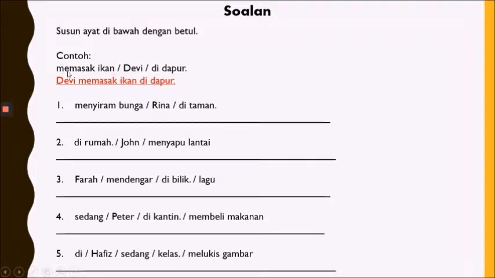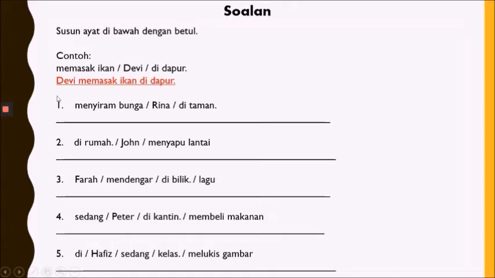Memasak ikan, which also means cook fish. So we know that Devi memasak ikan, and then you end with the word that has a full stop. So you put the one with the full stop at the last part. So this is how we get our correct sentence. Devi memasak ikan di dapur.